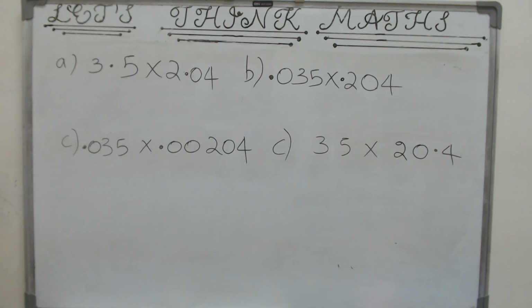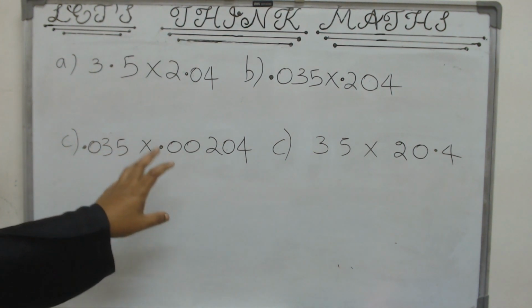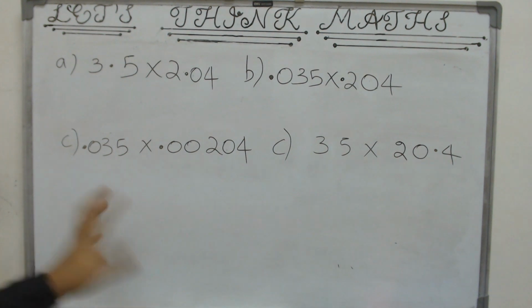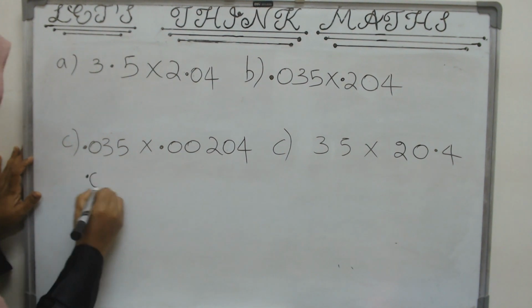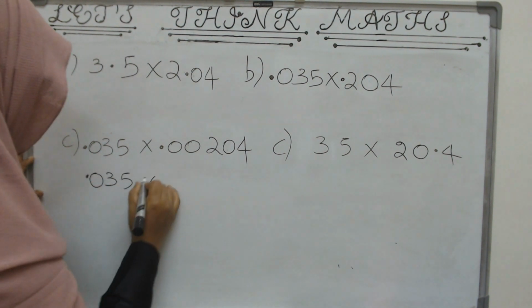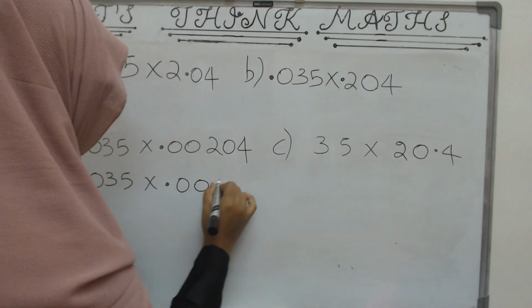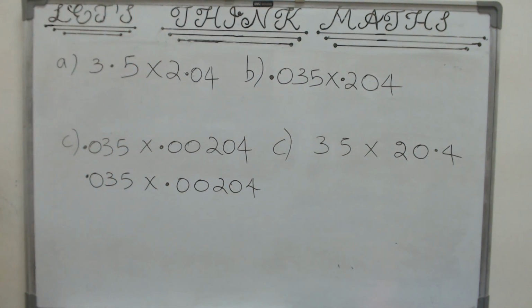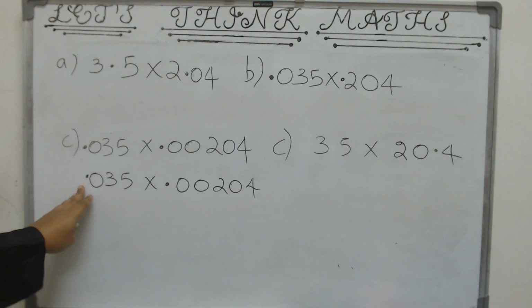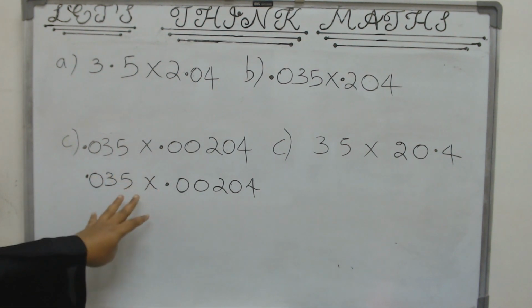Now let us move on to the multiplication of decimals. An easy way is to get rid of the decimal points and then multiply them as whole numbers. So let us see how that looks. Now, if we get rid of the decimal points, how will this number look?